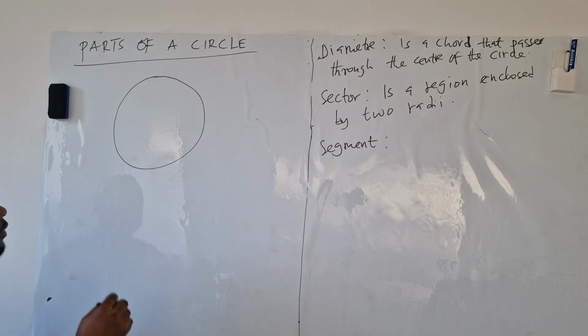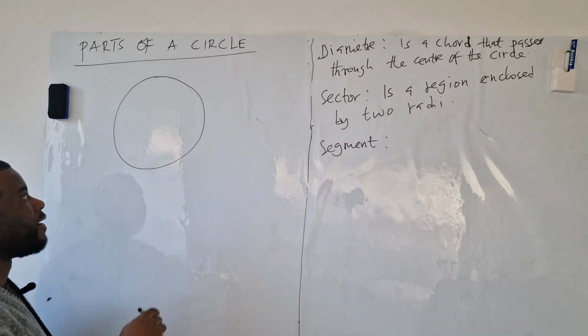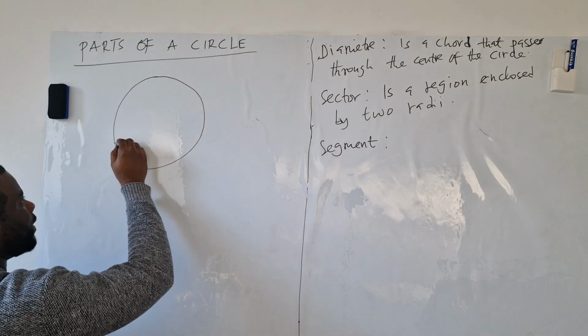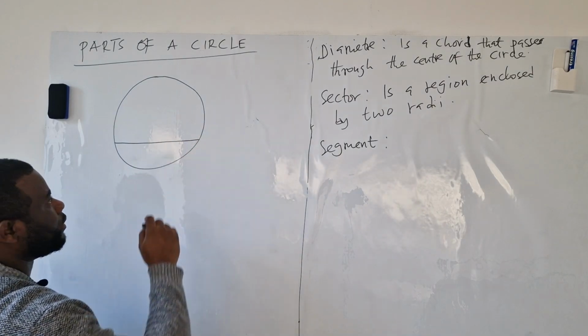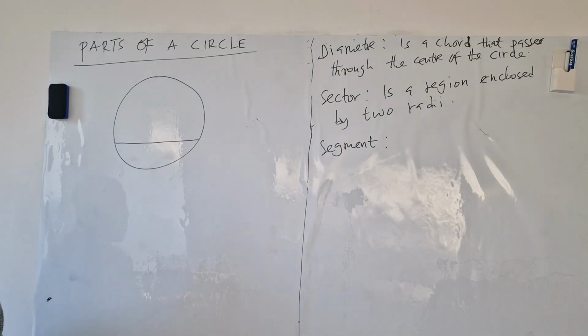Whenever we have a chord within the circle, the chord divides the circle into two segments.